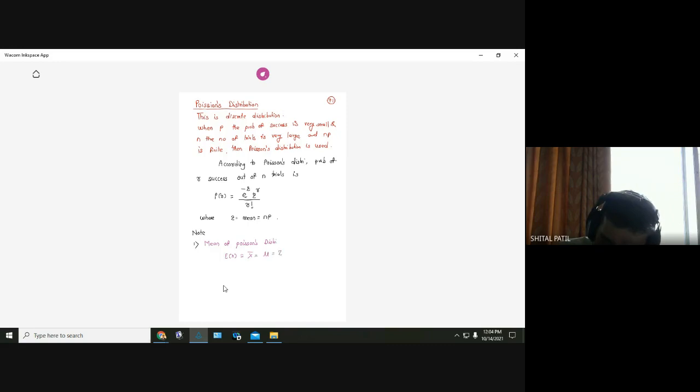In this case, denoted by z, and that is equal to np. Then number 2, the variance of Poisson's distribution, V equals np. V is also the same, np.